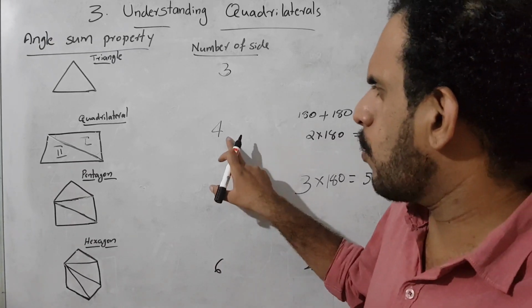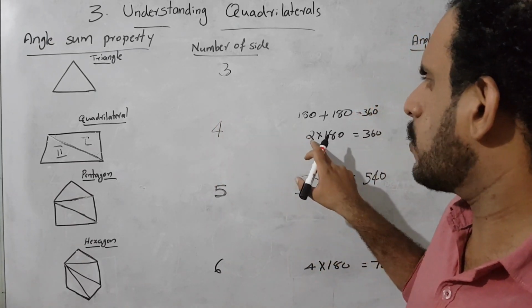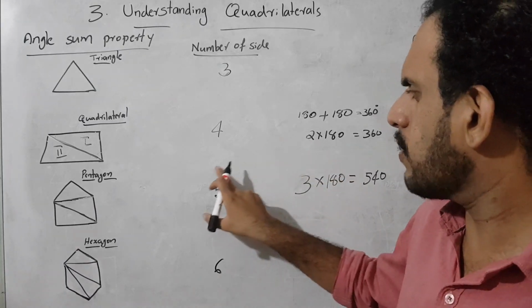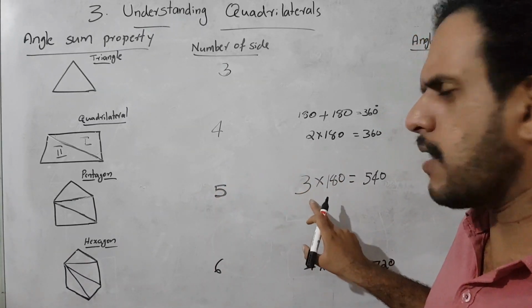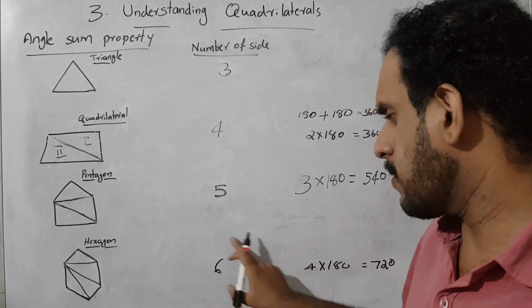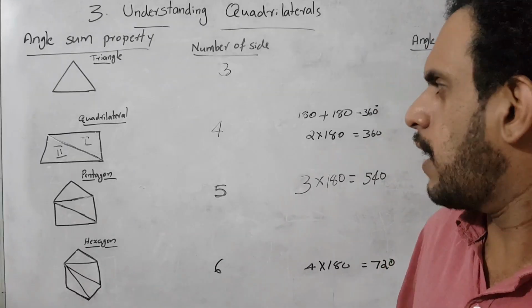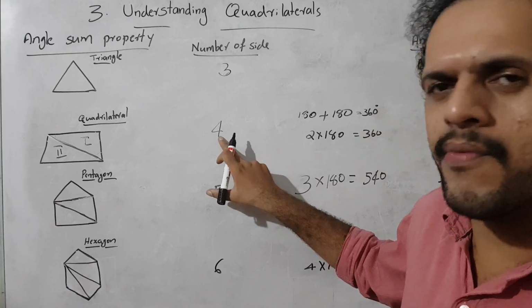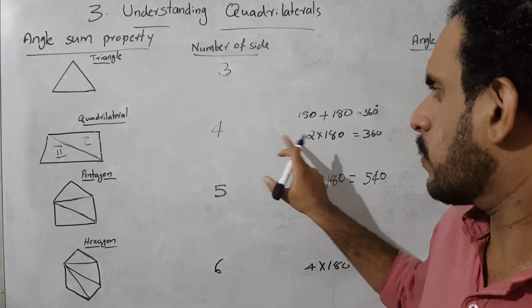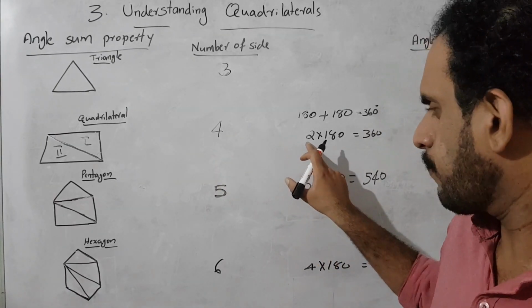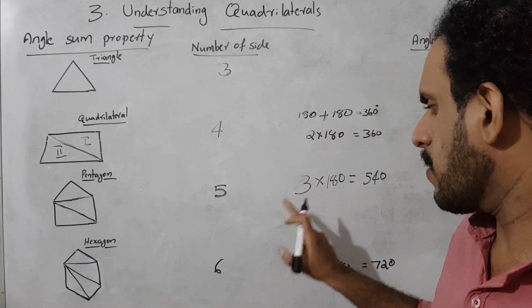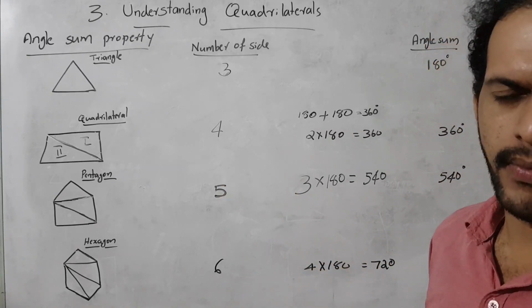How to get 2? We know the number of sides. How to get 3? How to get 4? That is very clear. That is the number of sides minus 2. 4 minus 2 is 2. 5 minus 2 is 3. 6 minus 2 is 4.